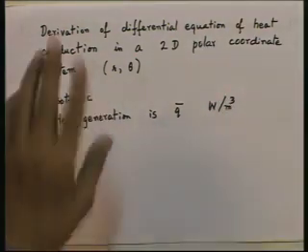Q bar may be a function of r and theta, Q bar may be a constant, whatever it is. If I want to derive a differential equation in r theta, obviously I need an element in the r theta system. So, let us take such an element now.